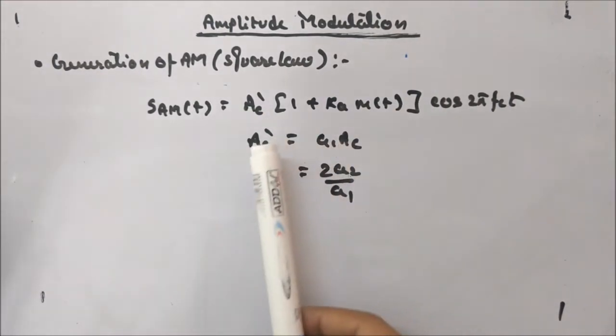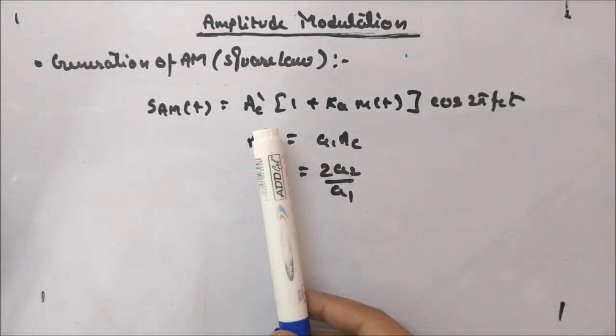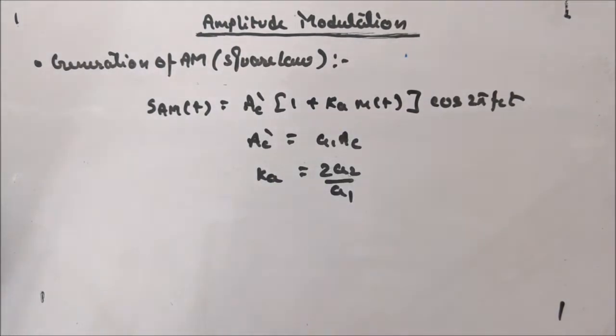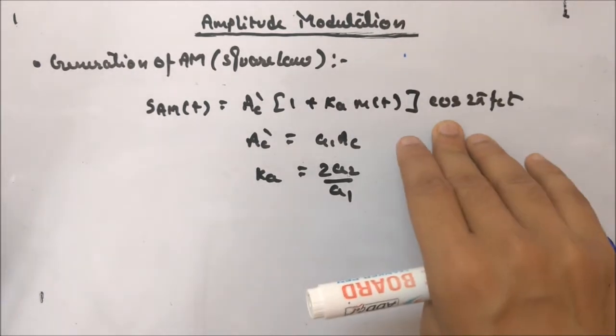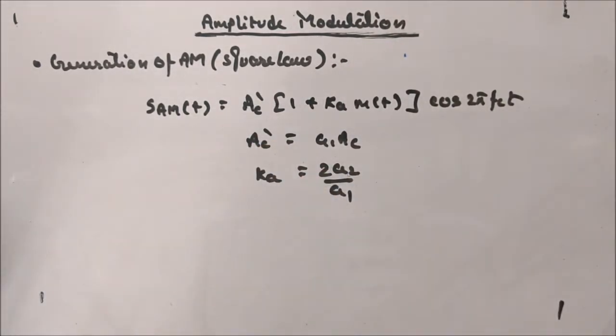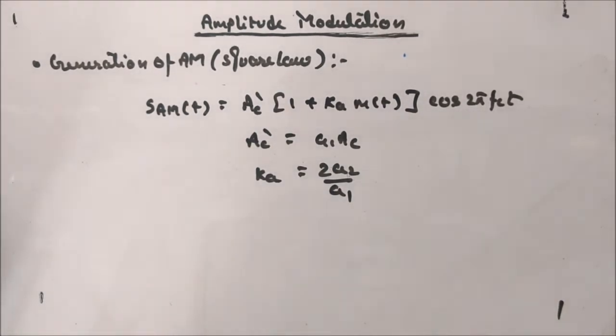You can see this looks exactly like the AM signal we have been using as the definition. So we have successfully generated an AM signal from a square law modulator. That is how you generate an AM signal.